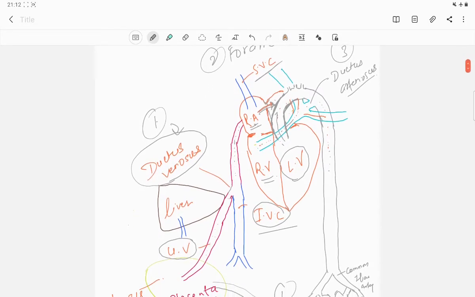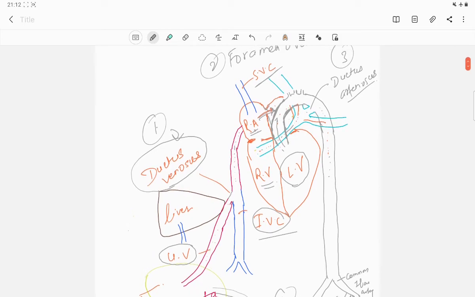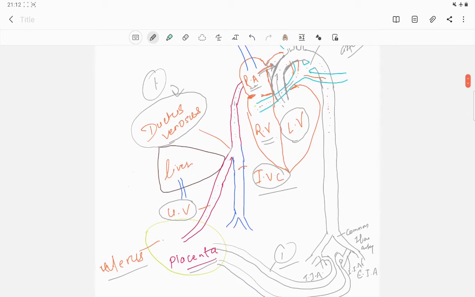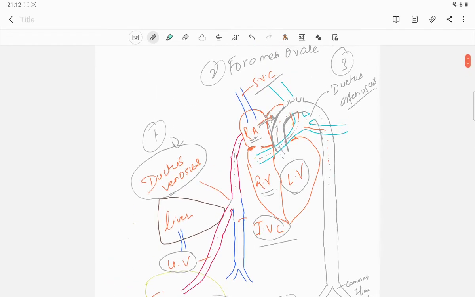Now as soon as the birth of the child takes place and it cries, it takes its first breath, the lungs start functioning. Now we want these shunts to be closed.